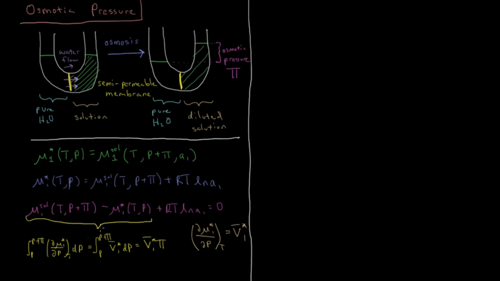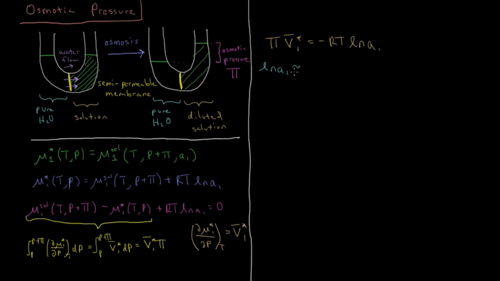Okay, so going back to our top expression, that gives us that the difference in these two, we had pi times the molar volume of water is equal to minus RT times the log of the activity of water. And once again, our favorite Taylor series is going to rear its ugly head.